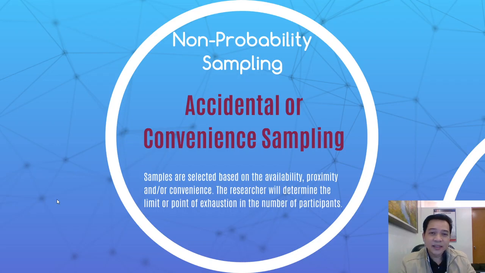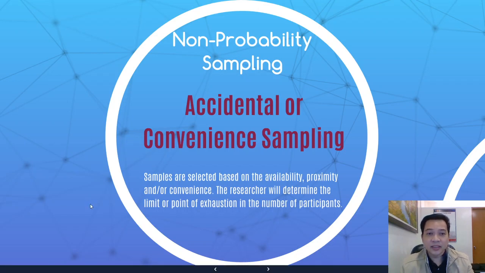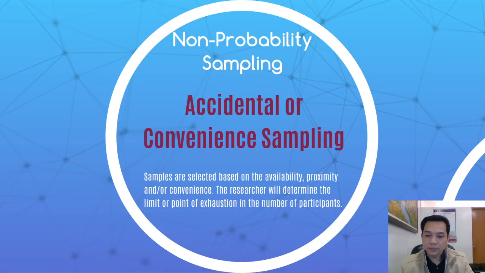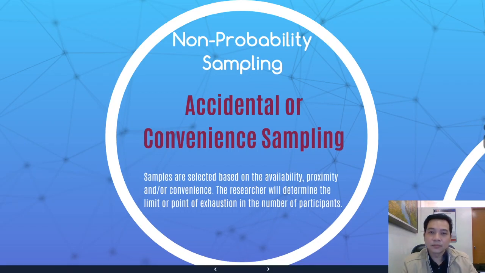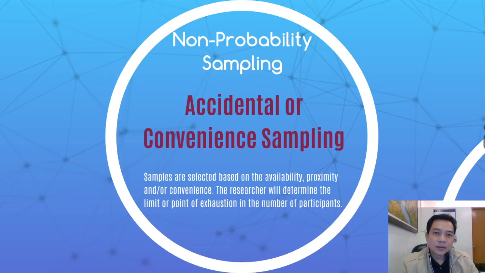It sounds familiar? Yes, because this is the most common type of sampling being done in most market researches. In market research, most likely they will have little or no idea at all on the extent of the entire market or population.